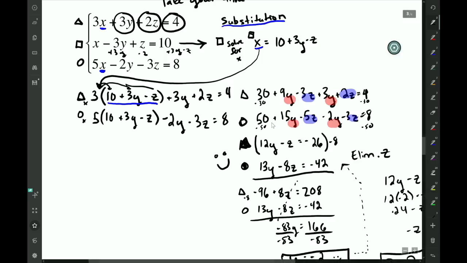So let's stick with triangle from the very beginning. 3x plus 3y we know is -2 plus 2z we know is +2 equals 4.